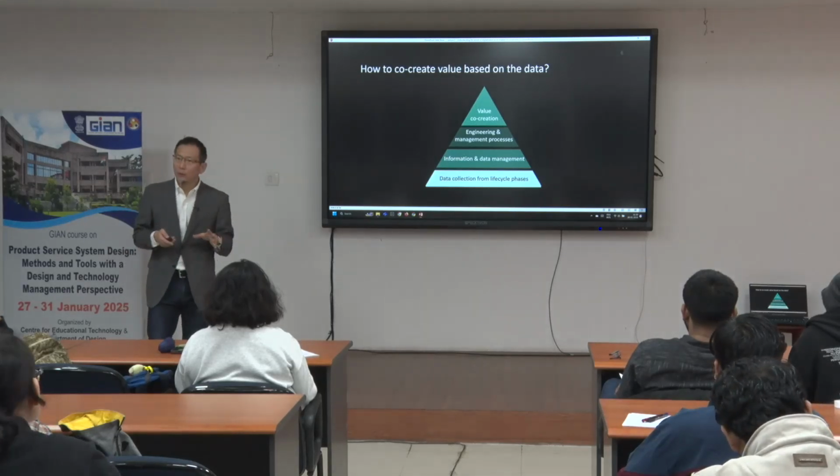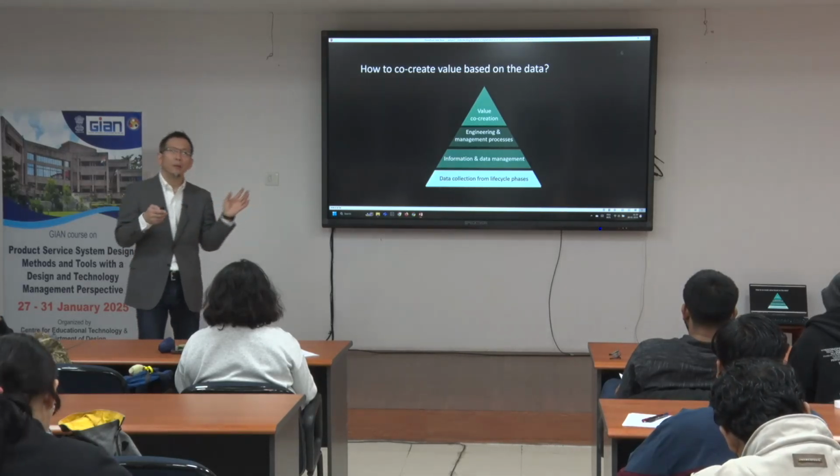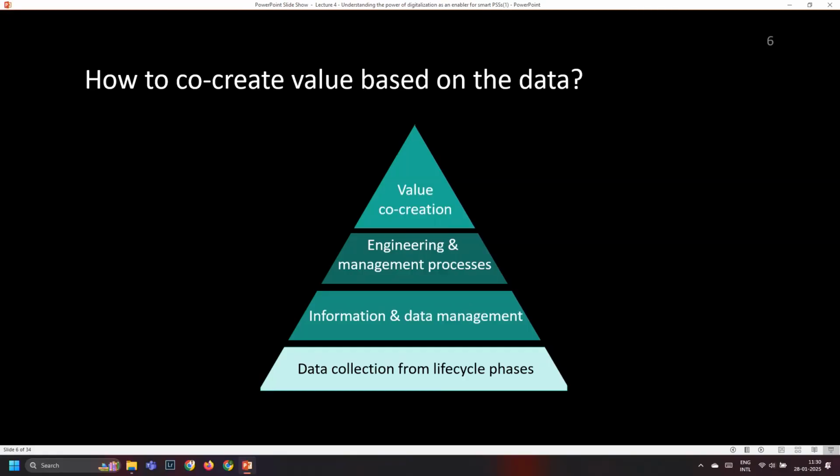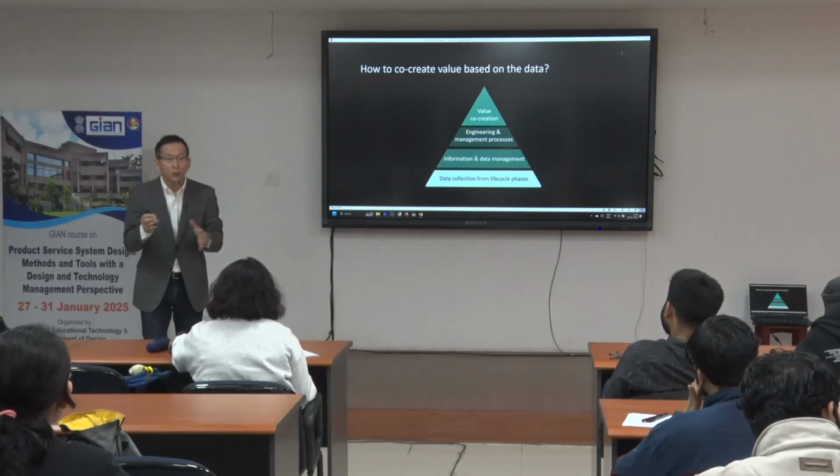Now, data is useful, obviously, but to be precise, it's potentially useful because data must be used to extract useful information. And the information typically is used in the engineering management processes and also management processes. In the previous lecture, we discussed the design process.